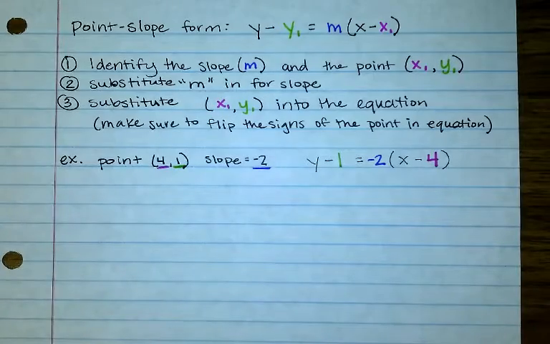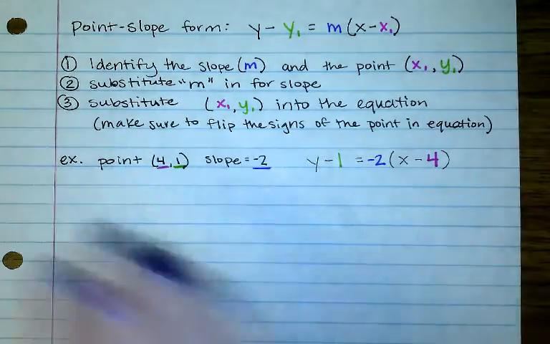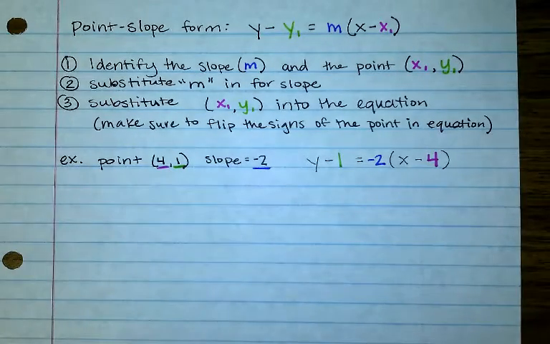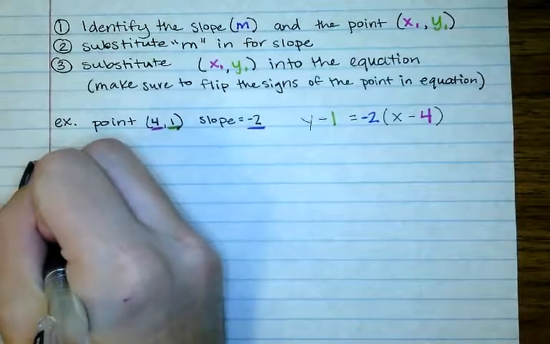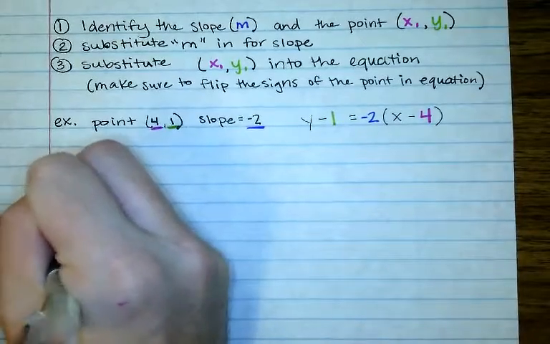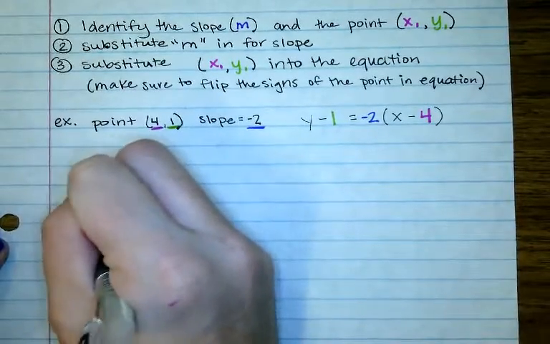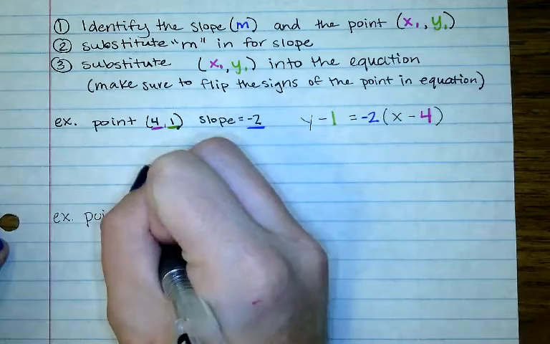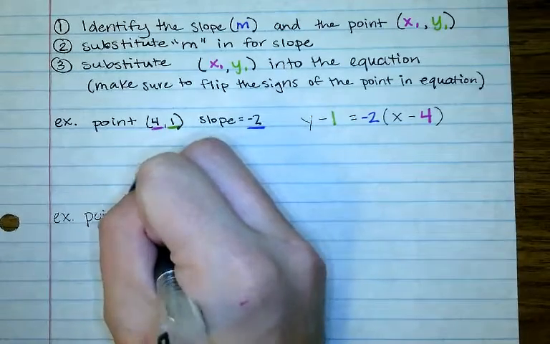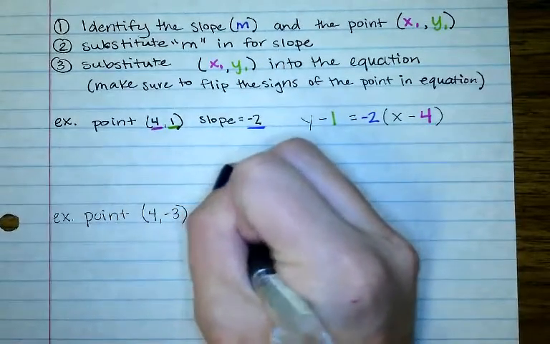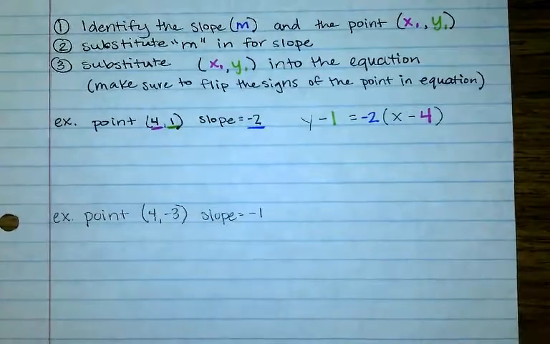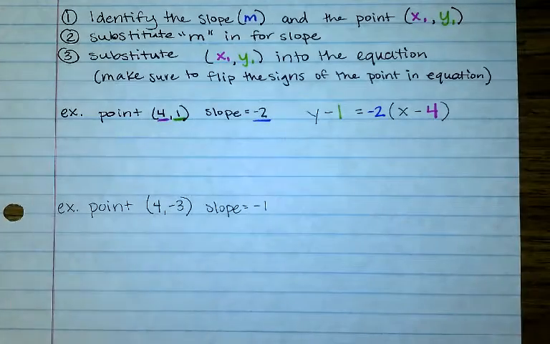Now it's going to be super important that as we do this, we are being very wise. I'm going to give myself some lines here. I'm going to do another one. Let's do 4, -3, and my slope is equal to -1. So I'm going to do this again. Before I convert it, I just want to see what we do here.